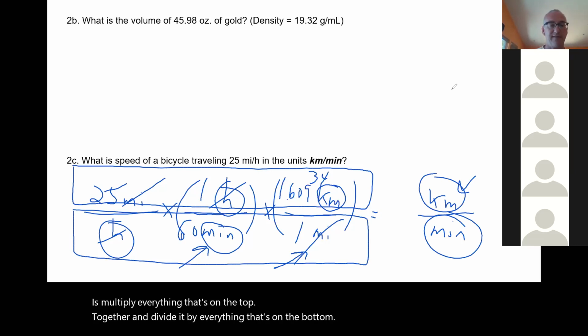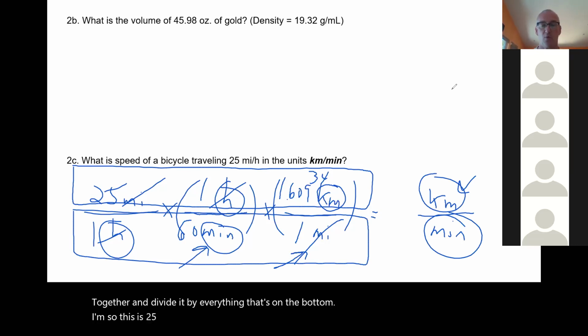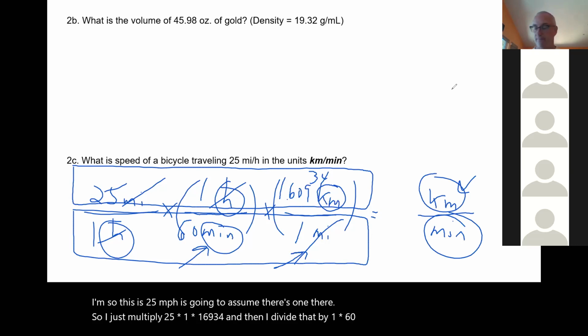Okay, and since this is 25 miles per hour, it's going to assume there's a 1 there. So I just multiply 25 times 1 times 1.60934, and then I divide that by 1 times 60 times 1. Okay, and that should be my final answer.